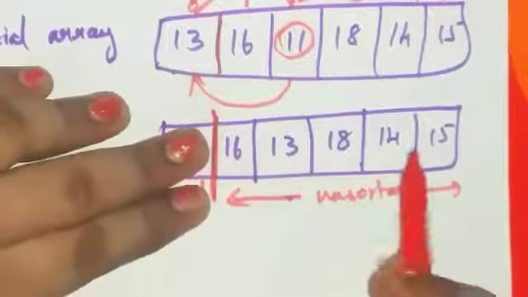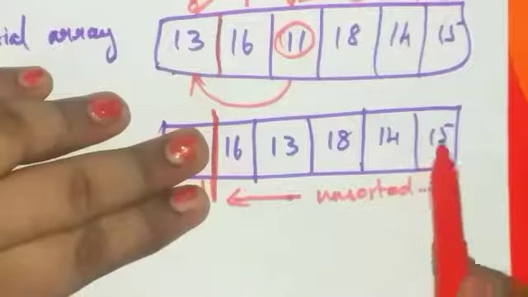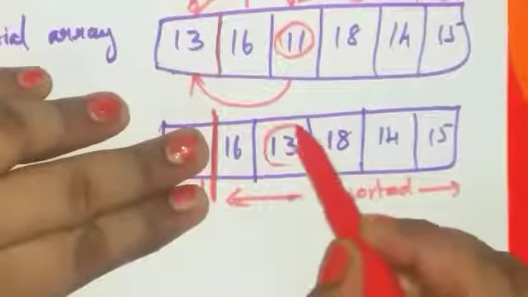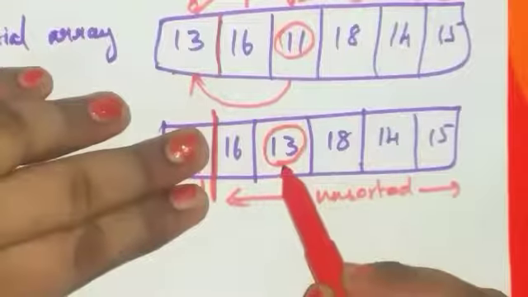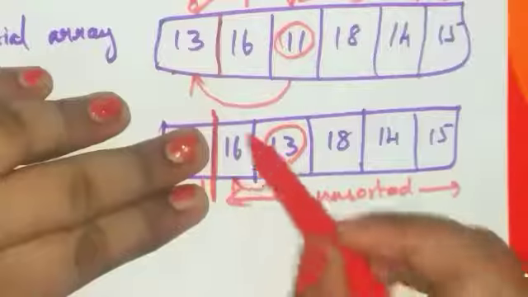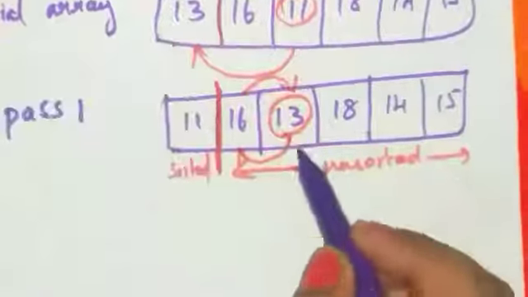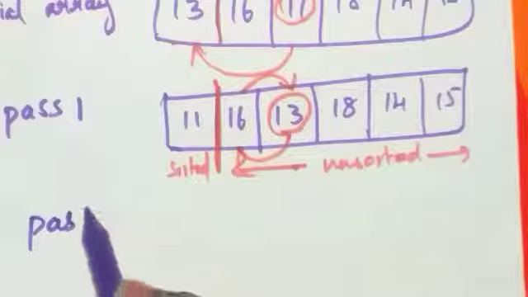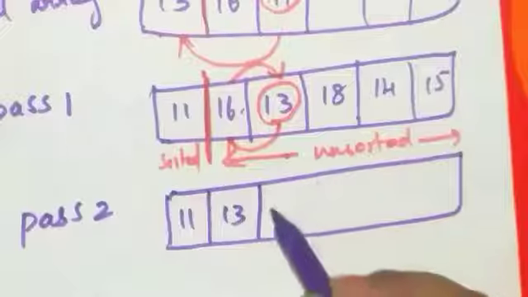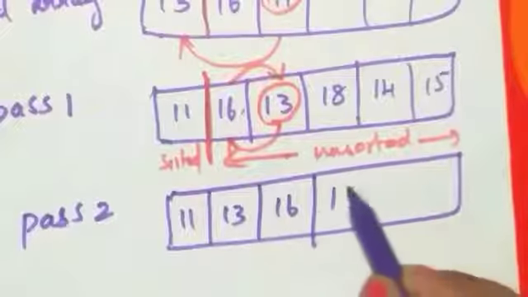Check the next smallest number, 13. This is the next smallest, so you have to exchange. This is the second pass, pass 2, second iteration. Now write 11, 13 here, 16 here, and write the remaining elements.